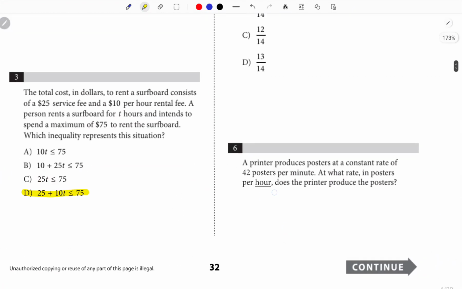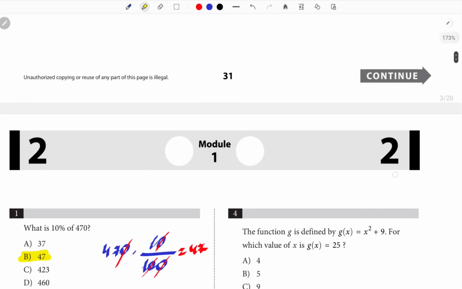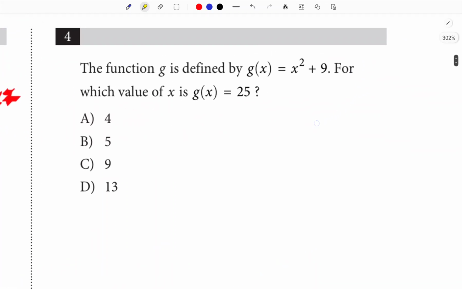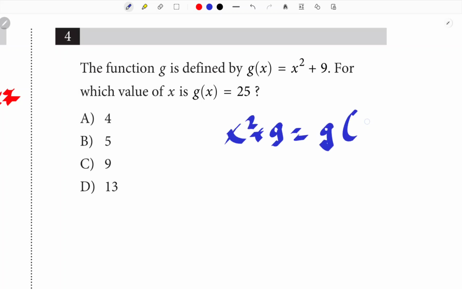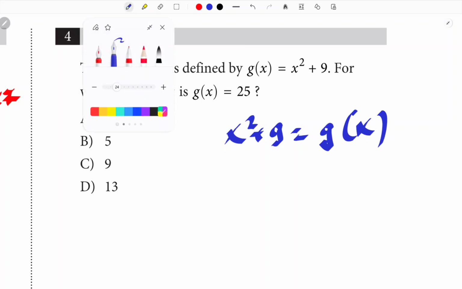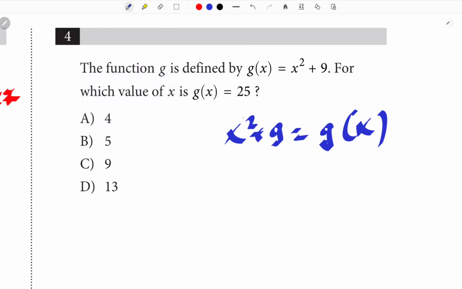So question 4. The function g is defined by g(x) equals x squared plus 9. For which value is g(x) equal to 25? So x squared plus 9 is g(x). Instead of g(x), I write 25. x squared plus 9 is equal to 25.